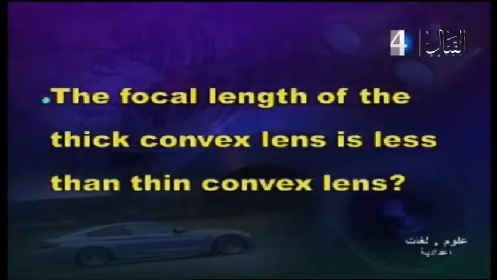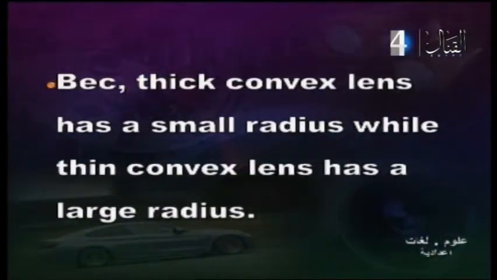The focal length of a thick convex lens is less than that of a thin convex lens. Why? Perfect. Because a thick convex lens has a small radius, while a thin convex lens has a large radius.